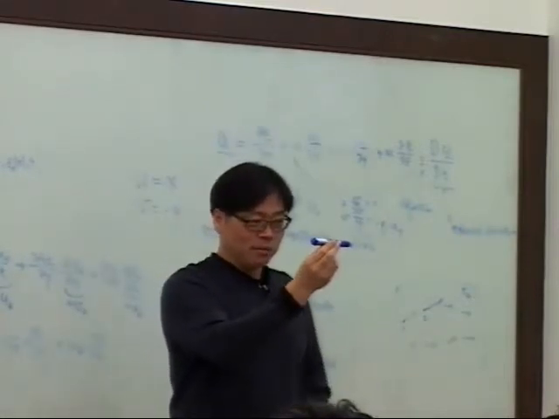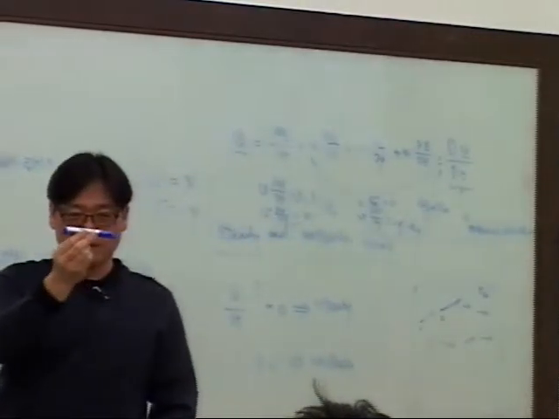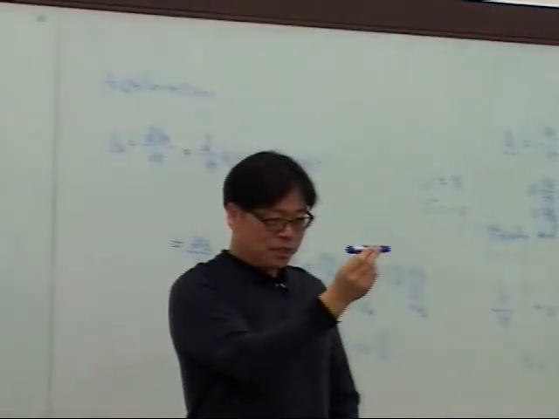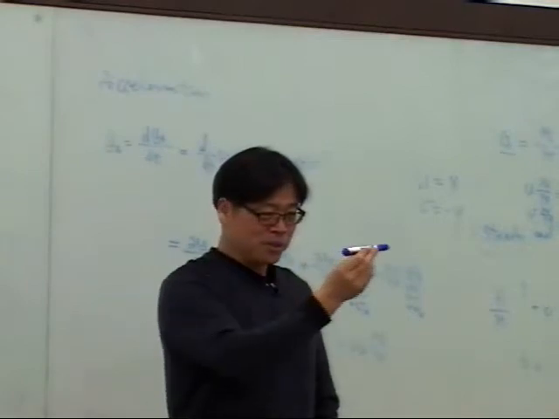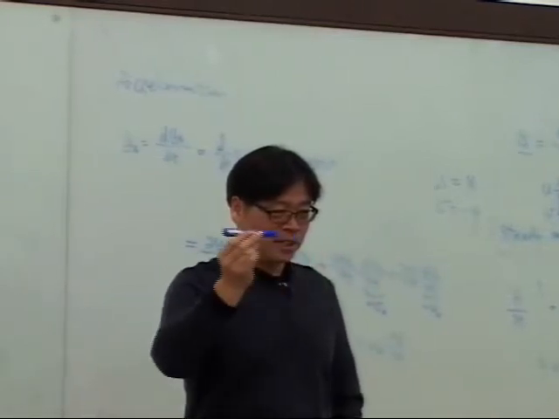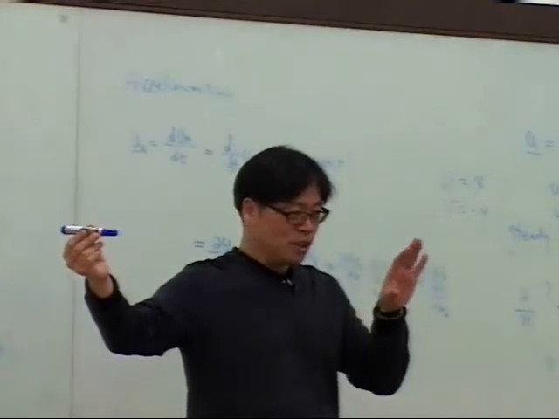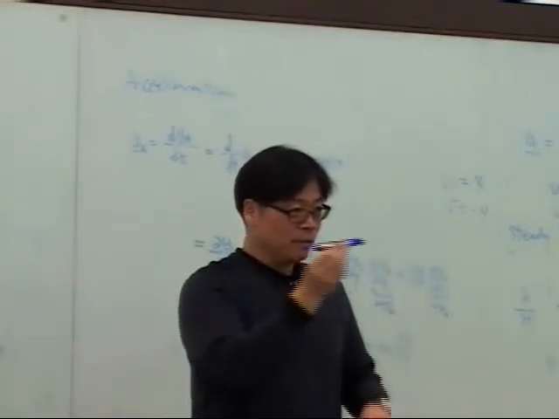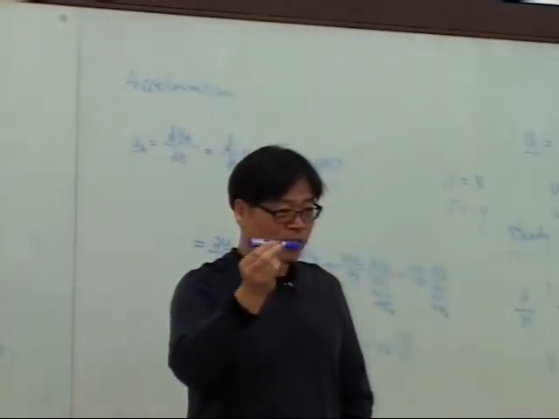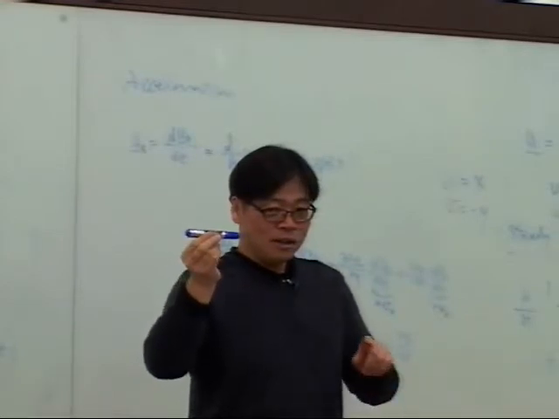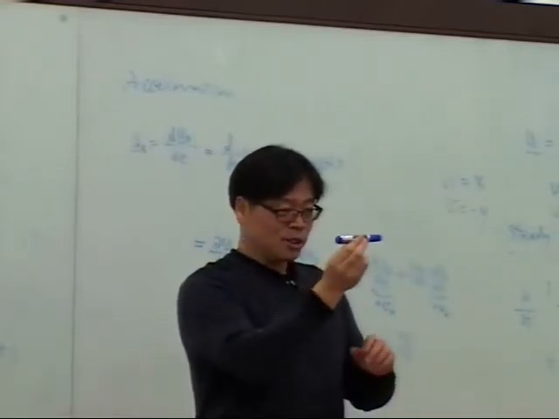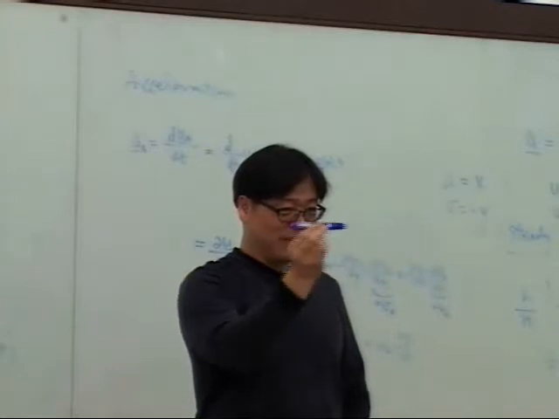Or if this body is moving with a constant speed, then in this frame it is an unsteady problem, because the position of the body changes in time, and therefore the velocity field will change in time. Even though this body is moving with a constant speed, it's time dependent. Just look at this. This body is moving.